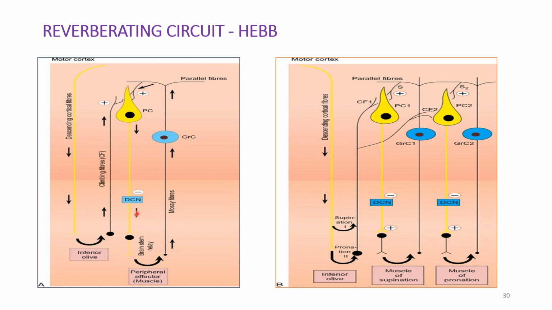Then the Purkinje cell inhibits the deep cerebellar nuclei. So this is the normal phenomenon. What happens if a person is doing rapid pronation and supination? All these things will be occurring, but one system will form an echo of the other system. So this is called the reverberating circuit of Head.